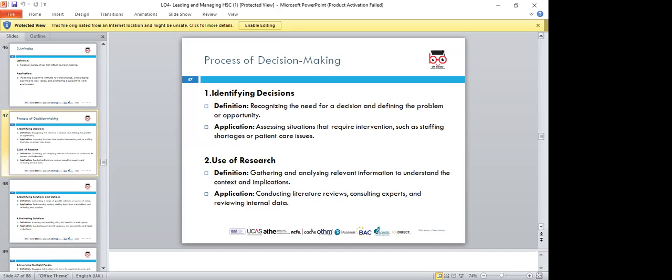Identify decisions. Definition: recognizing the need for a decision and defining the problem or opportunity. Application: assessing situations that require intervention, such as staff shortages or patient care issues. Use of research. Definition: gathering and analyzing relevant information to understand the context and implications.